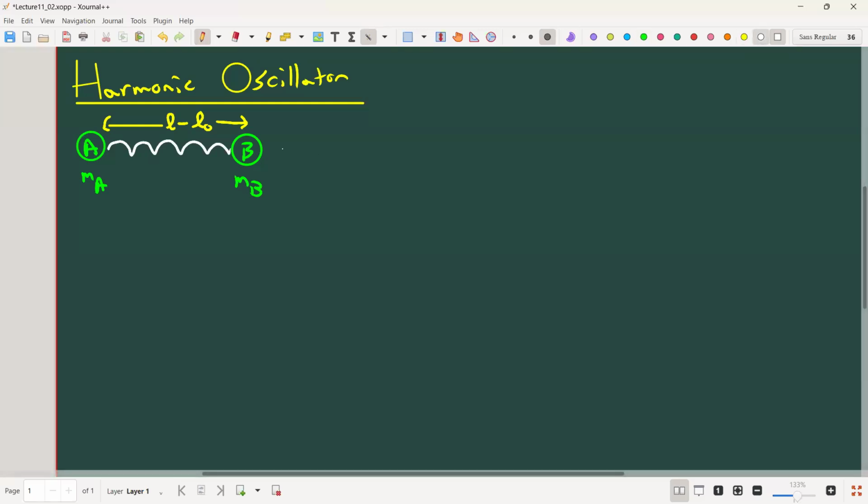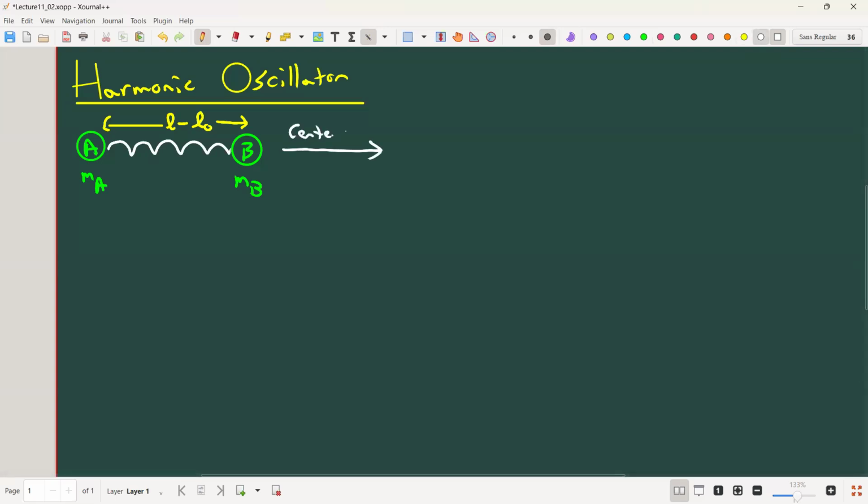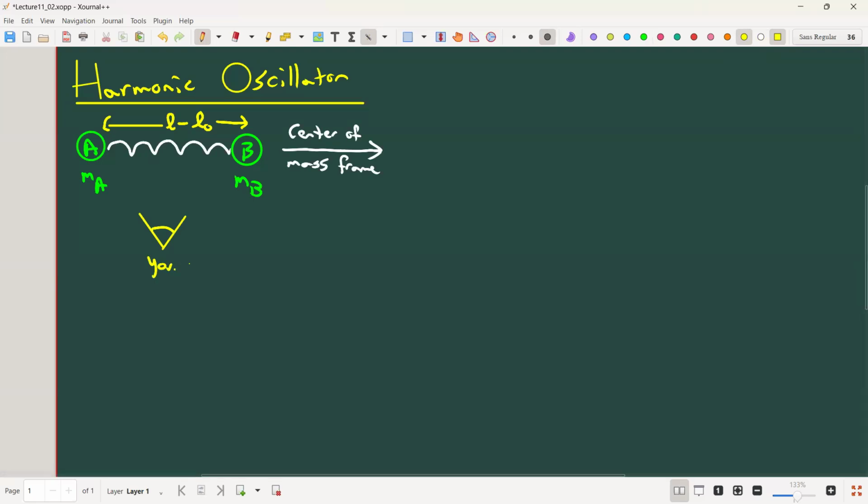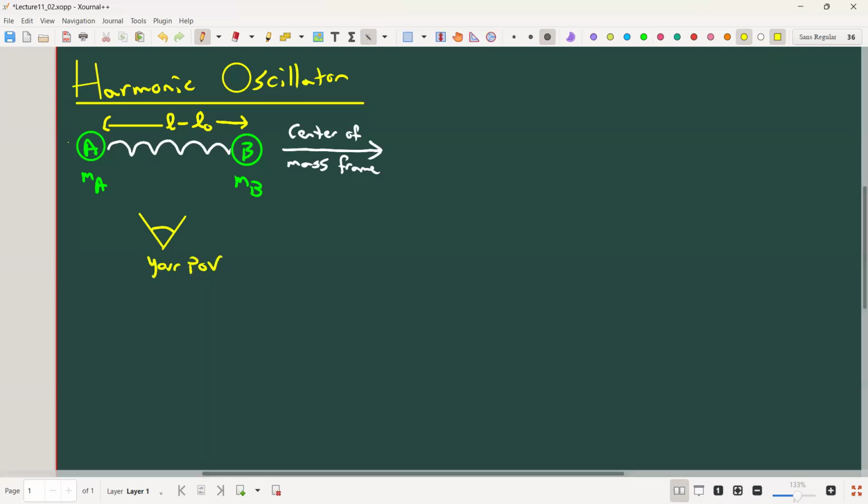And the idea is that when we shift to the center of mass frame, what we're seeing from the independent view is this, this is your POV. We're watching the two masses move independently of each other.